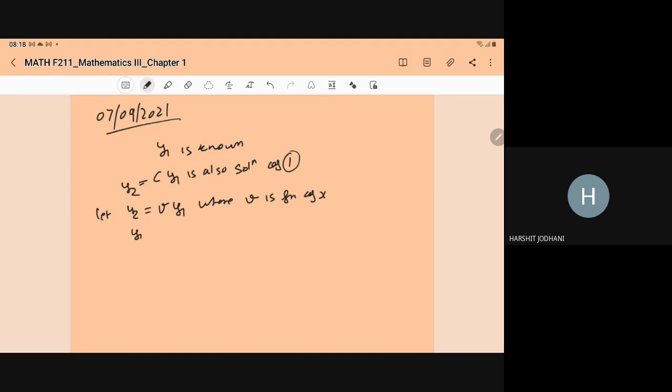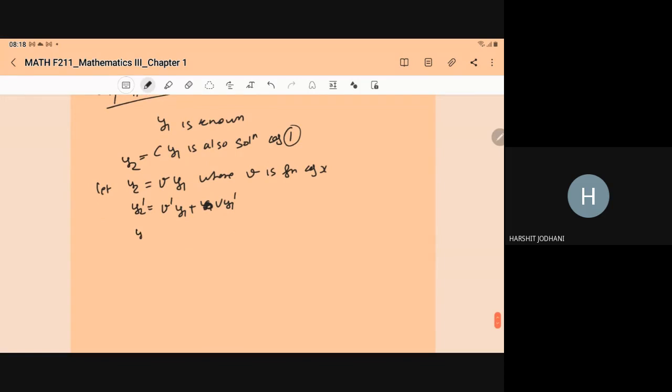Then y2 dash will be v dash y1 plus v y1 dash, because v is also a function of x. Then y2 double dash will be v double dash y1 plus v dash y1 dash plus v dash y1 dash plus v y1 double dash.